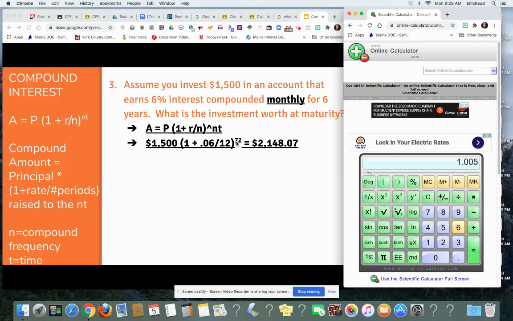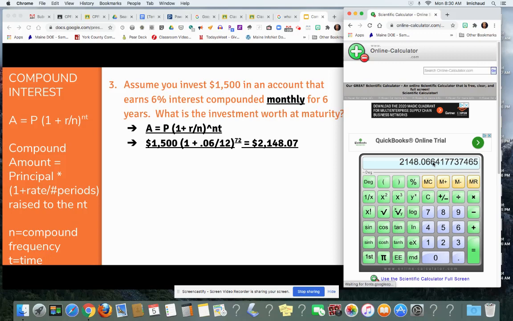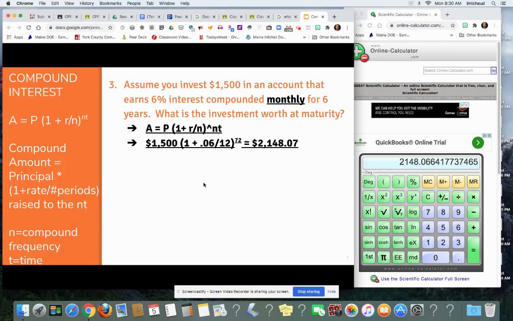We're going to raise it to the 72nd power. So y to the x, 72 equals, and then the final step is to multiply it by the principal. So that's where you get $2,148.07. Remember, this third number is 5 or above, so you want to give this one here a shove at 7 cents.